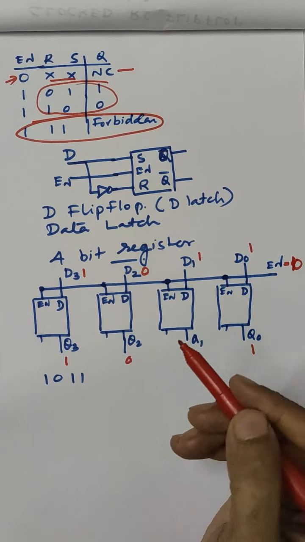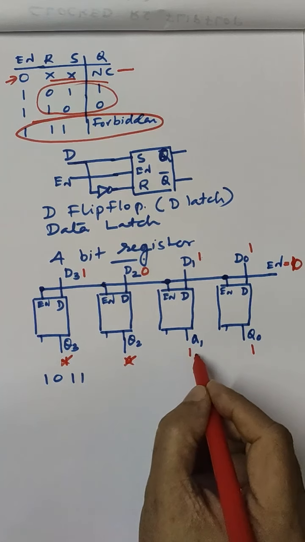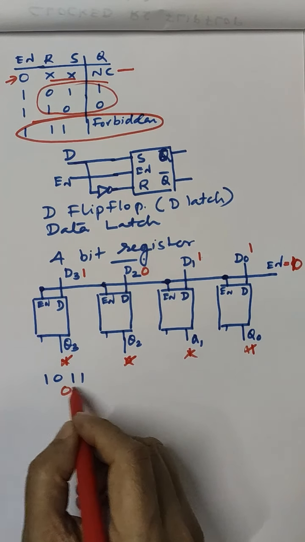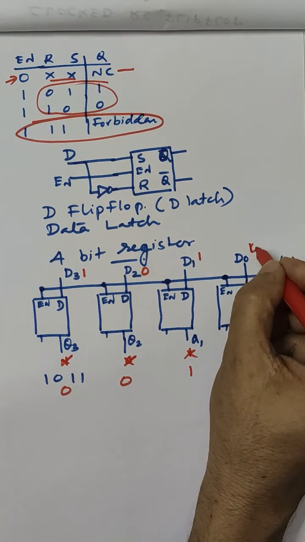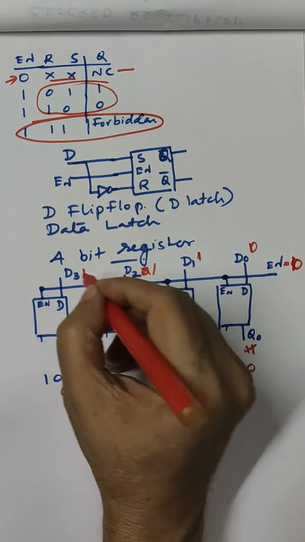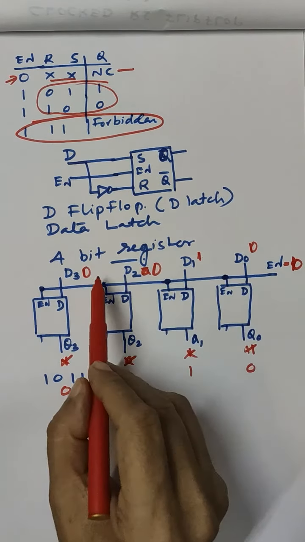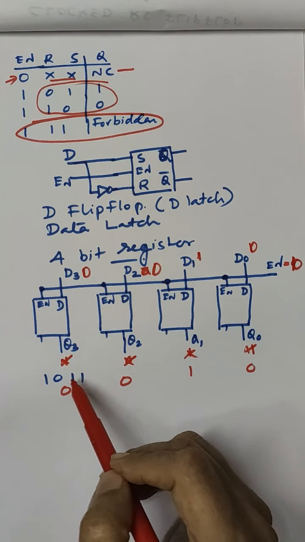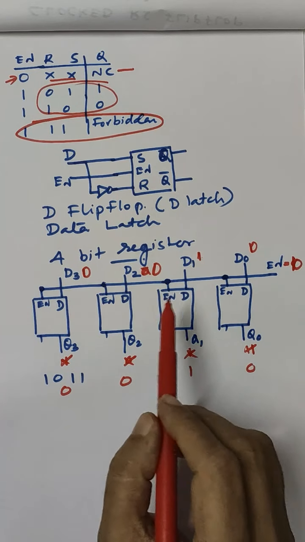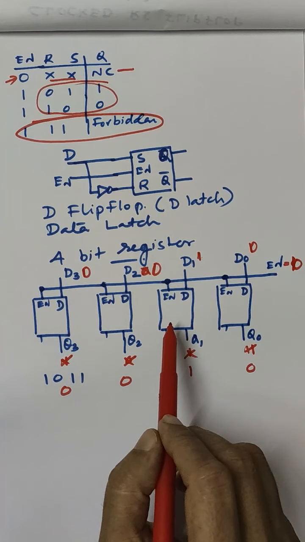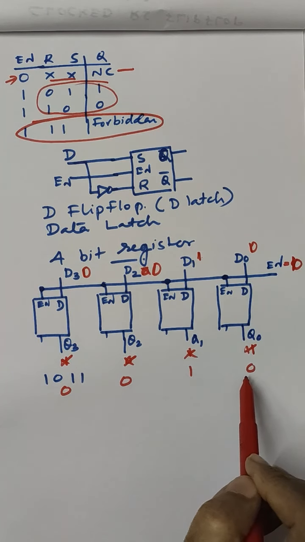When you have to change the data, suppose you have to change it to 0010, what do you have to do? You make this 0, this 0, this 1, this 0. Whatever output is required, you have to change the input in the same fashion, then set the enable to 1, so that the data will appear here.